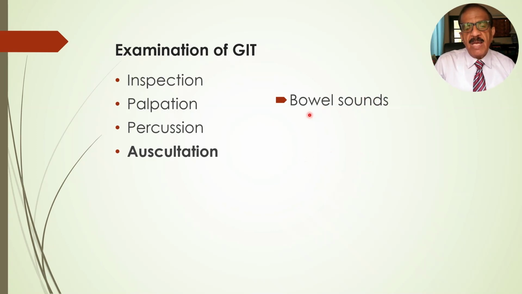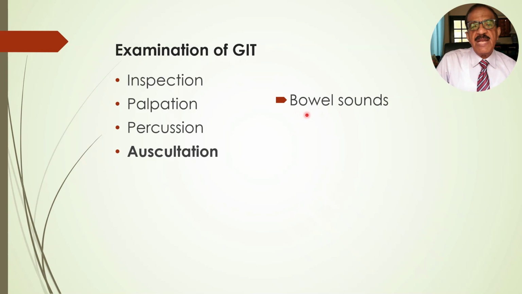You would have bowel sounds present, but with experience, you would know that this much is normal. If bowel sounds are increased in intensity and in frequency, this might indicate intestinal infection or intestinal obstruction.